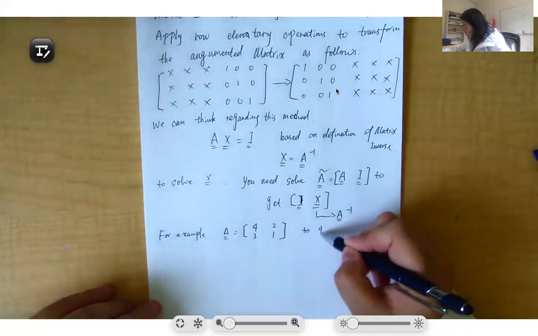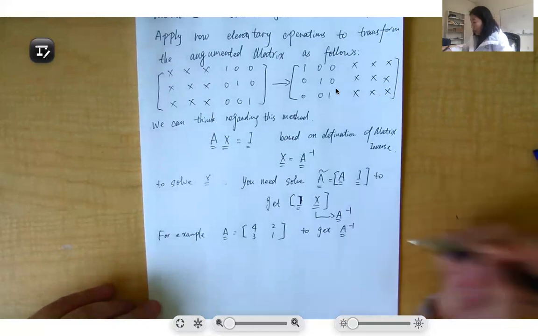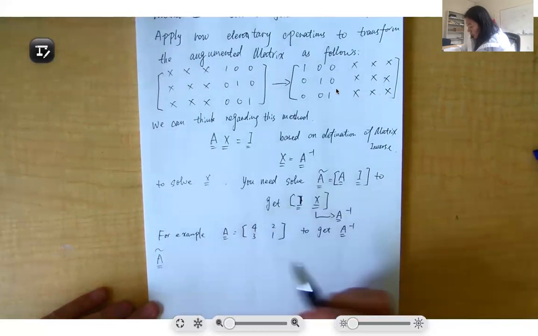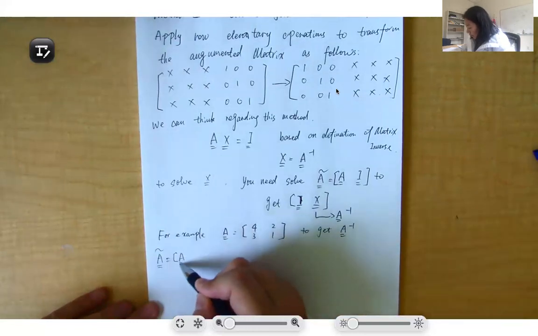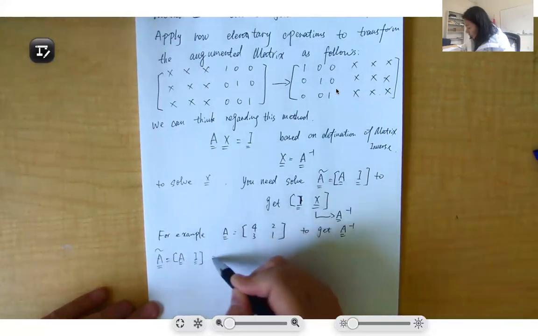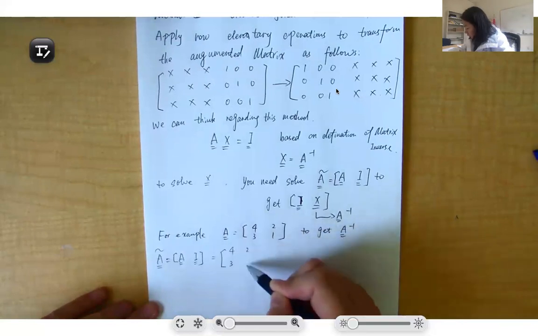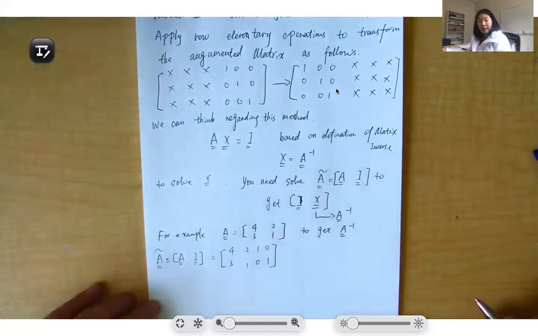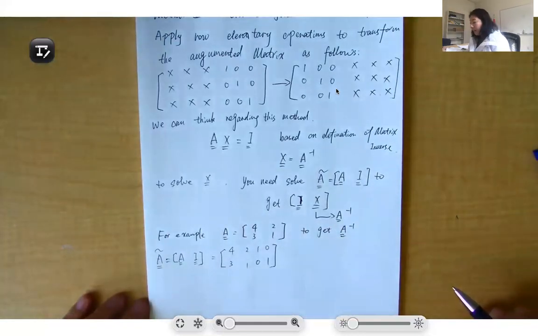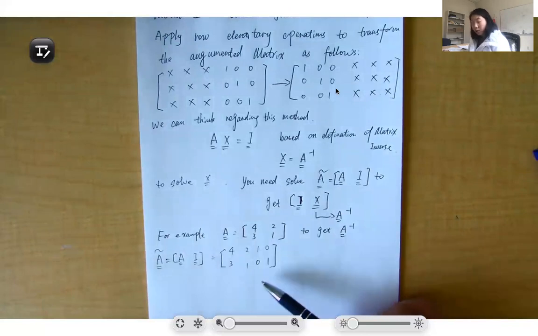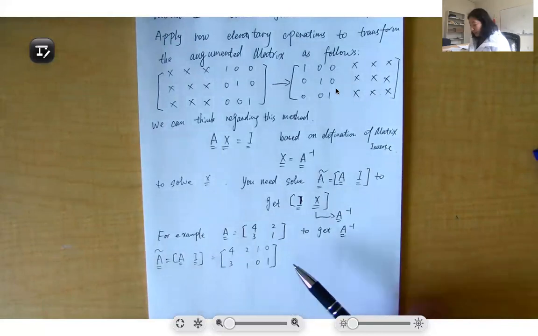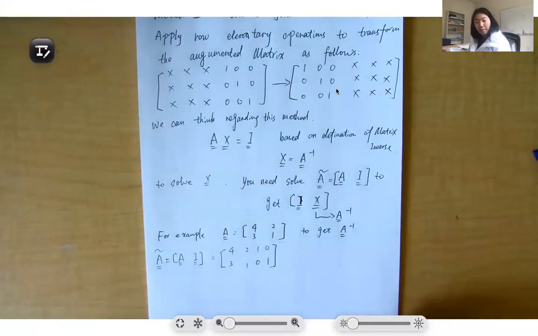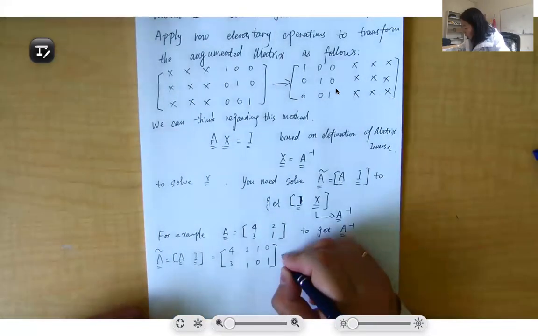First, we need to build this augmented matrix, which is [A | I]. So that is 4, 3, 1, 0, 2, 1, 0, 1. That is the augmented matrix. And then we need to apply row operations to make this matrix look like 1, 0, 0, 1 with x, x, x, x here.